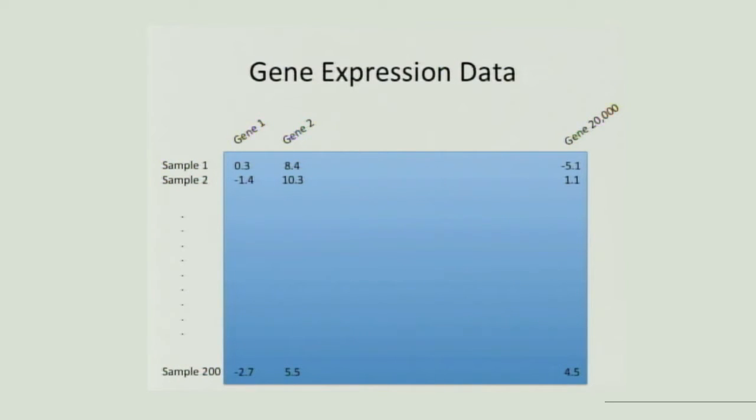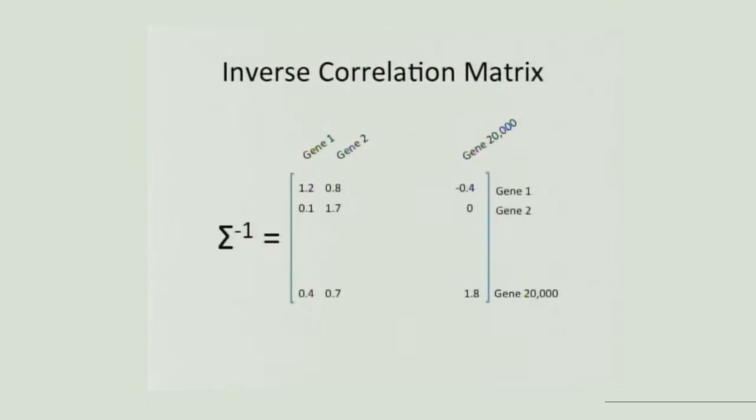We're almost done with Mike, Sally, and Joe, and we're moving on to, let's say, gene expression data, where we have a data matrix with 200 rows, each of which corresponds to a tissue sample, and let's say 20,000 genes. The idea is we want to know what the inverse correlation matrix looks like. This is going to be a 20,000 by 20,000 matrix, where each element corresponds to a pair of genes.